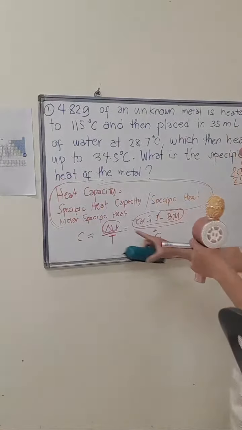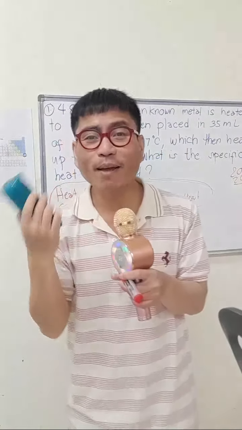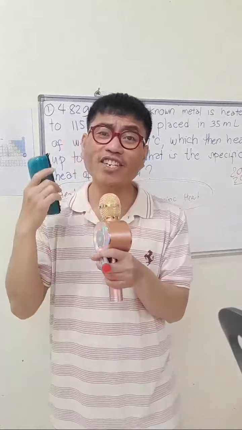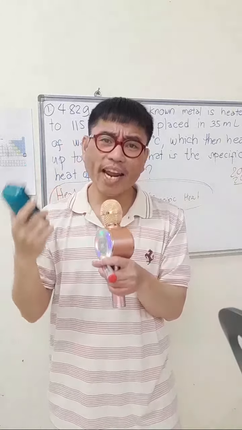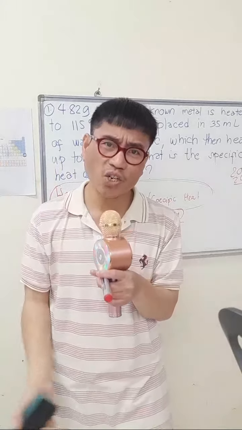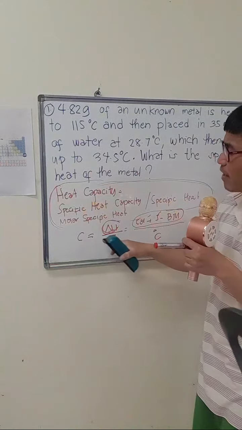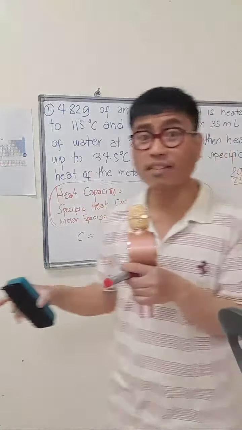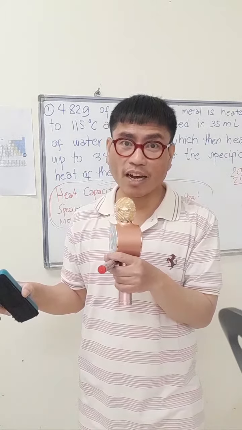Okay, this is the heat capacity. The heat capacity is the heat energy required to raise the substance 1 degree Celsius, by its definition alone. All the time, you can have your own definition by taking a look at the formula.